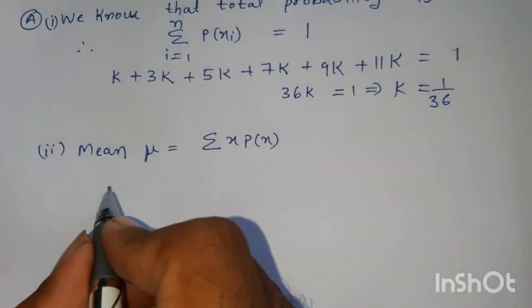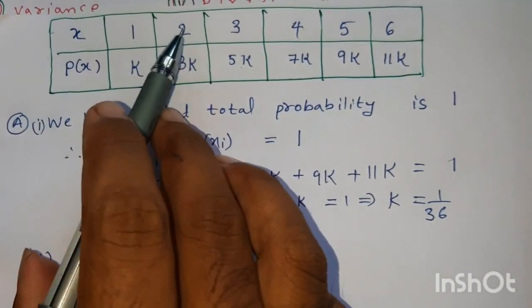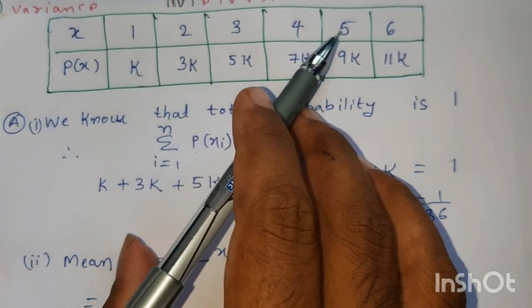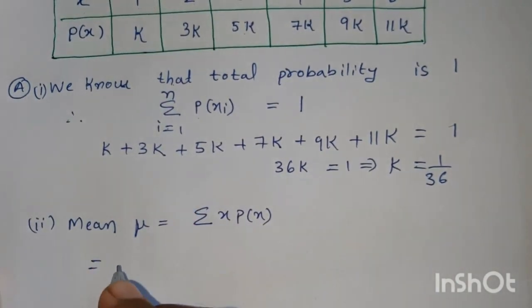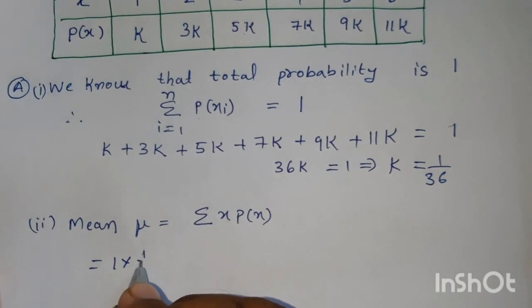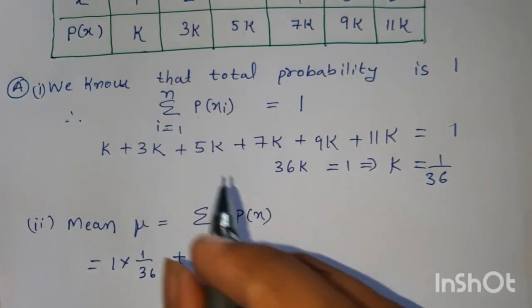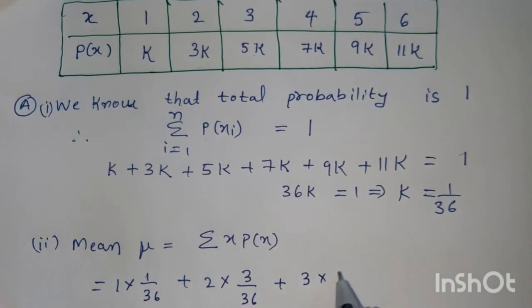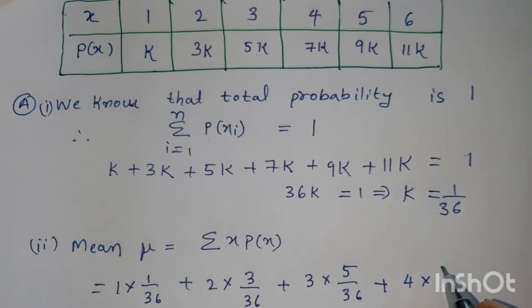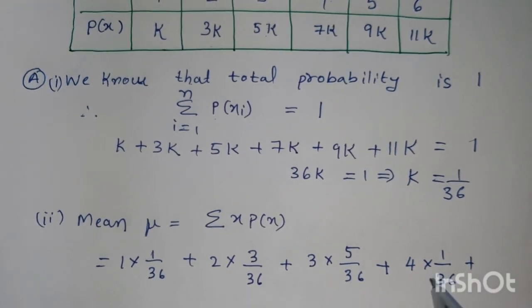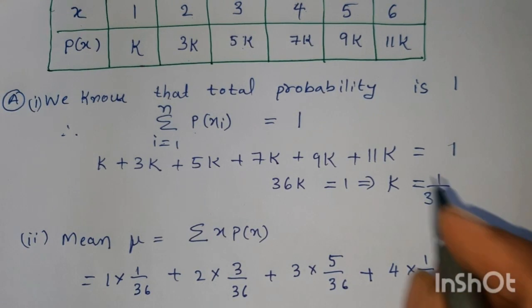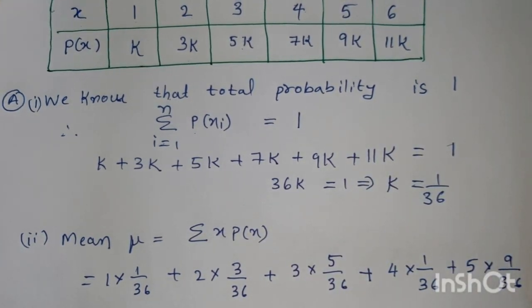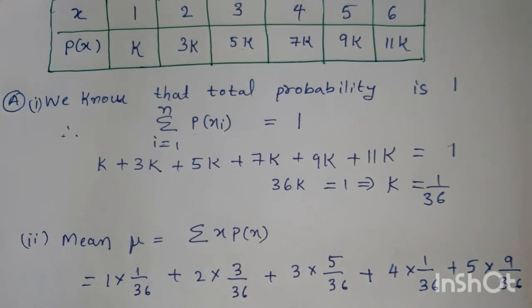That is 1 into k plus 2 into 3k plus 3 into 5k plus 4 into 7k plus 5 into 9k plus 6 into 11k. 1 into k means 1 by 36, plus 2 into 3k means 6 by 36, plus 3 into 5k means 15 by 36, plus 4 into 7k means 28 by 36, plus 5 into 9k means 45 by 36, plus 6 into 11k means 66 by 36.